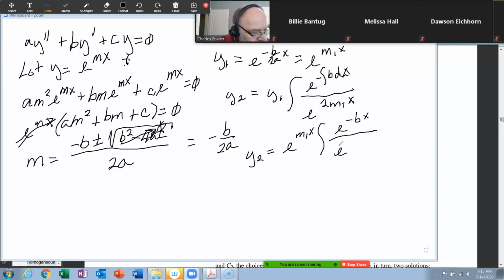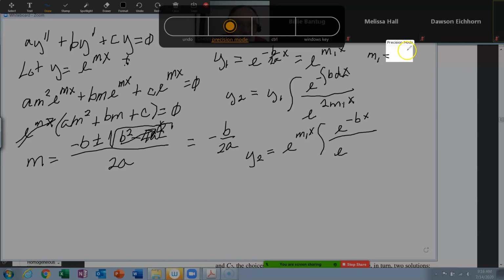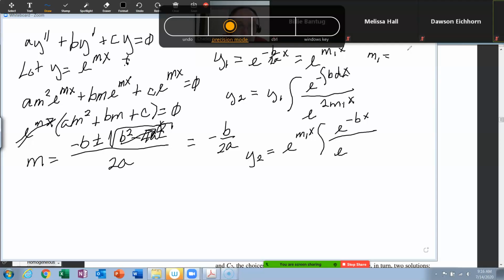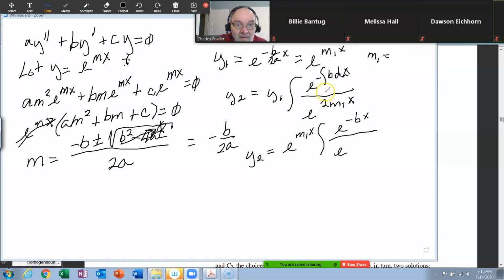I can't quite figure out how they wound up with that being an m. Let's go over here and scratch a little bit and see. Remember here we have m1 is equal to minus b over 2a.